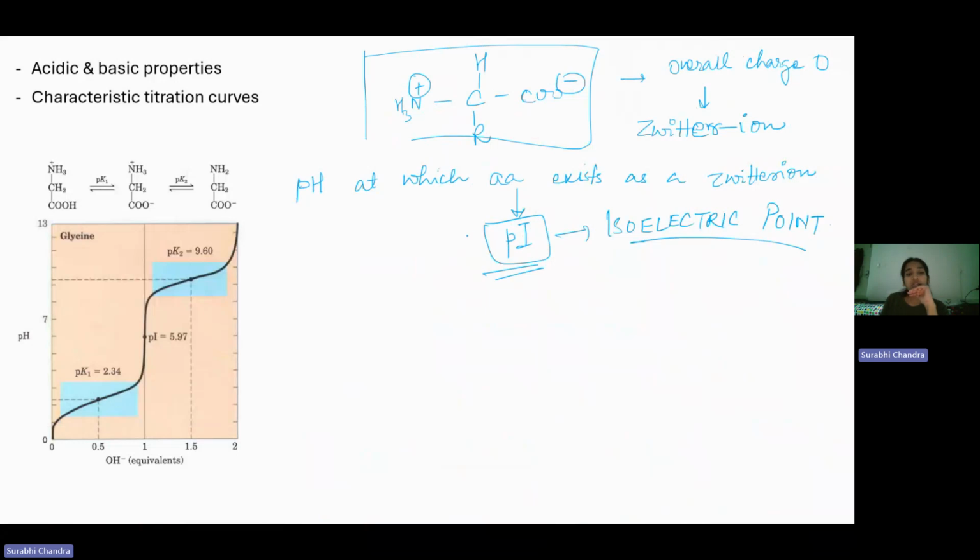Now this plays a very crucial role in determining the behavior of an amino acid in a solution also. Suppose we want to purify a protein, just briefly talking about chromatographic techniques.